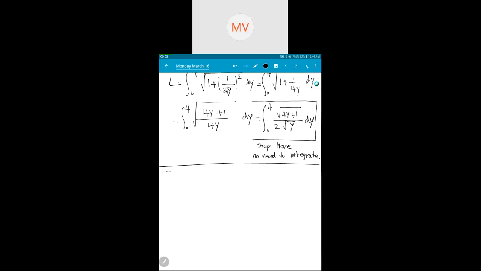Find the curve length of y equals x cubed over 3 plus 1 over 4x, where x is between 1 and 3.